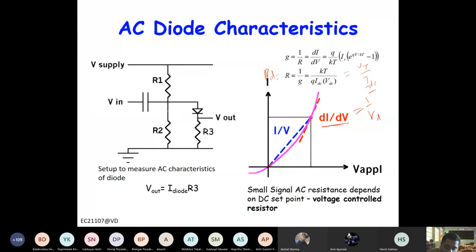Then for a small signal, what will happen? V supply is a constant, so for a small signal there is no change. So here the small signal is 0, so this will be grounded, and this can be considered as a short circuit at sufficiently mid-range frequency.